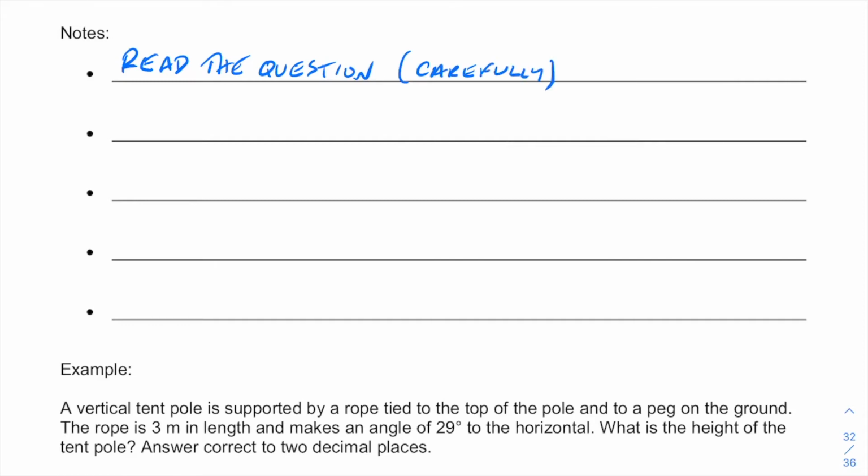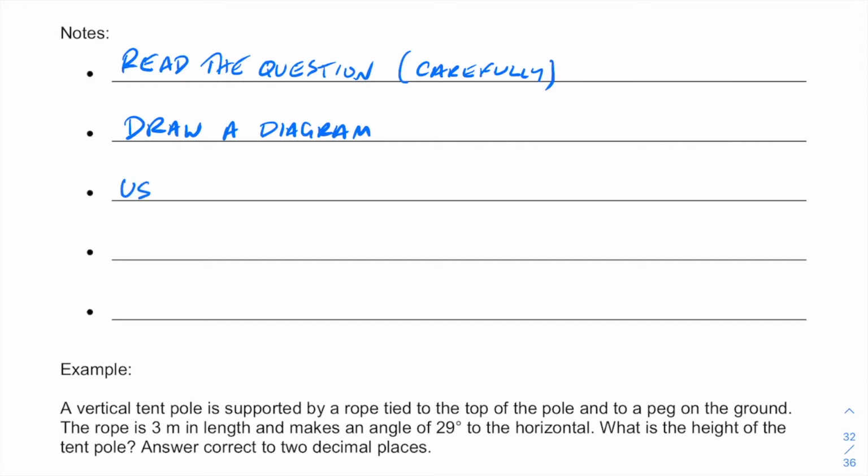Make sure that you understand everything that you need to do, and that might include underlining things that matter in the question. Next, I like to draw diagrams so that I know what I'm looking at or looking for. It helps to visualize the problem and makes it a little easier to sort out what you're actually doing.